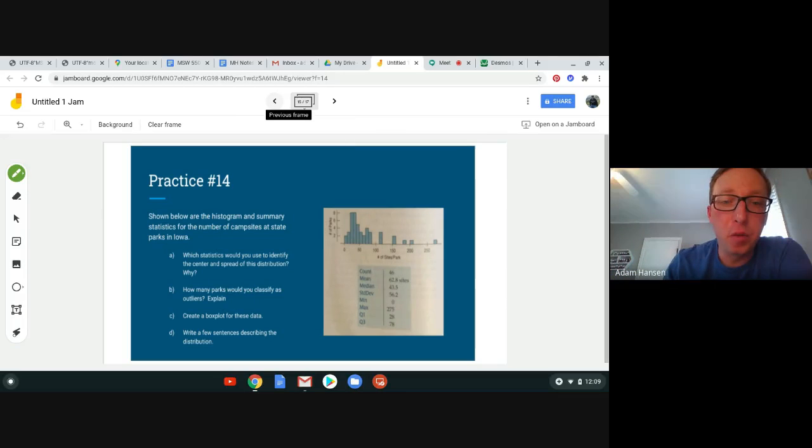Lastly, we had to write a few sentences describing this distribution. So this is a significantly skewed distribution, and most campsites in the state of Iowa have somewhere between 28 and 78 campsites.